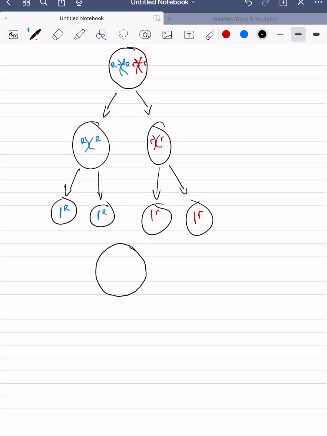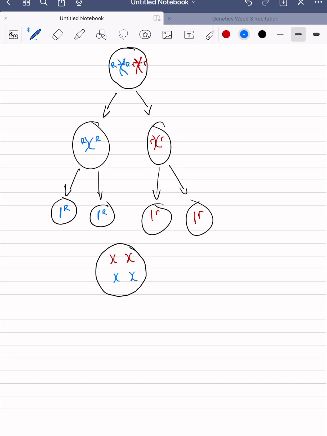Now, if you were given a problem, let's say, for example, you have a cell right here, and it has two types of chromosomes, two pairs. You have homologous pair 1 and you have homologous pair number 2.